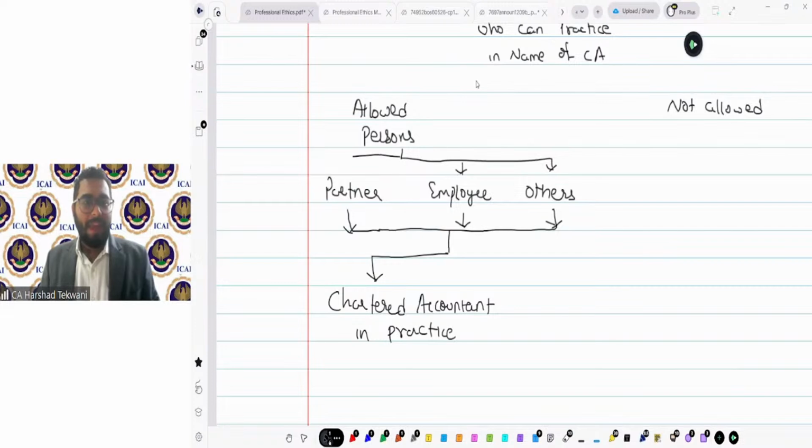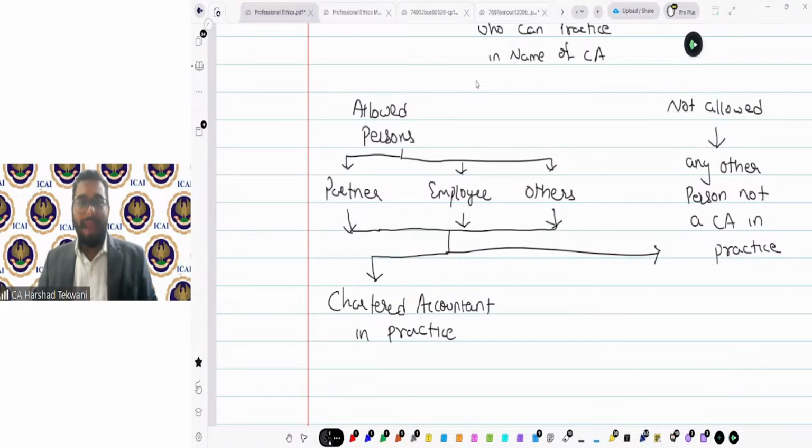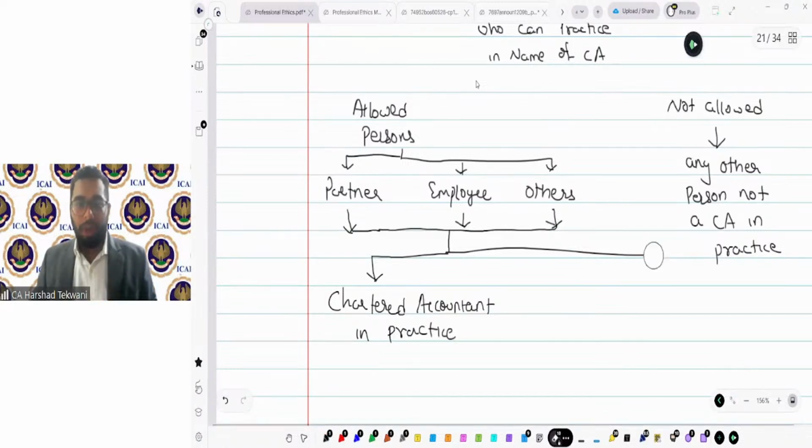Otherwise, if they are not chartered accountants in practice, then any other person who is not a CA in practice will fall under the bucket of not allowed.